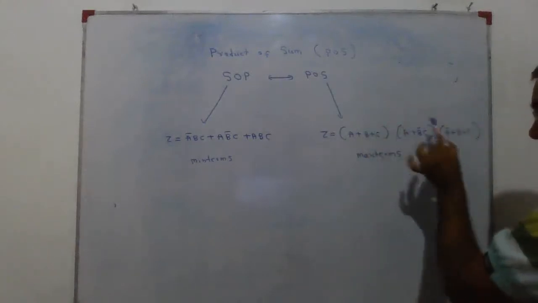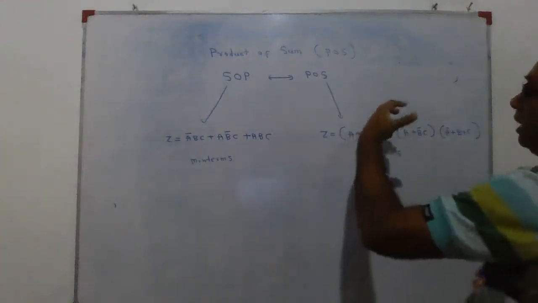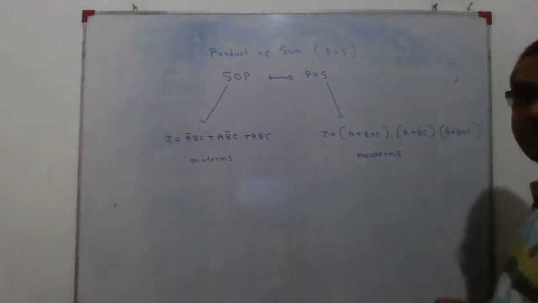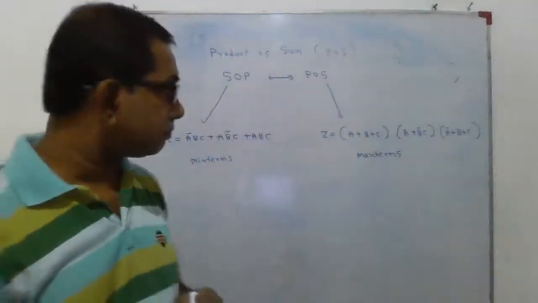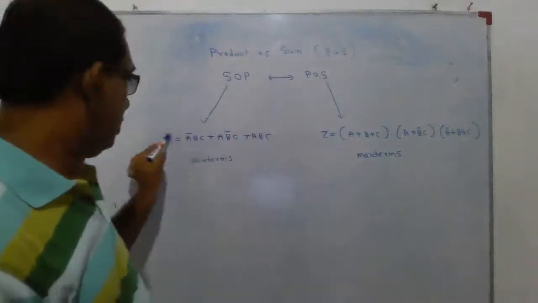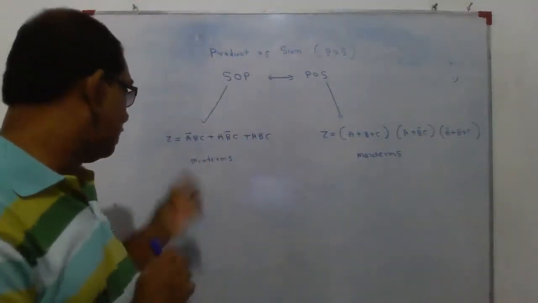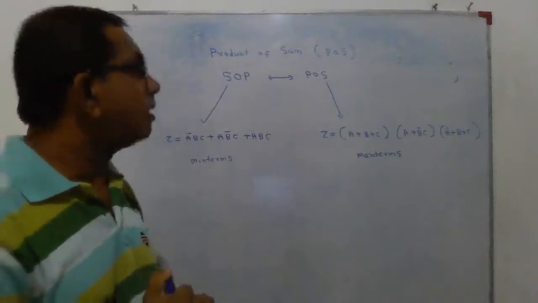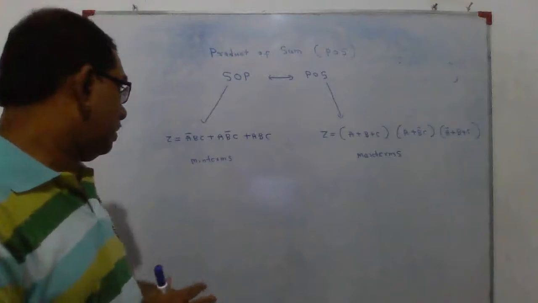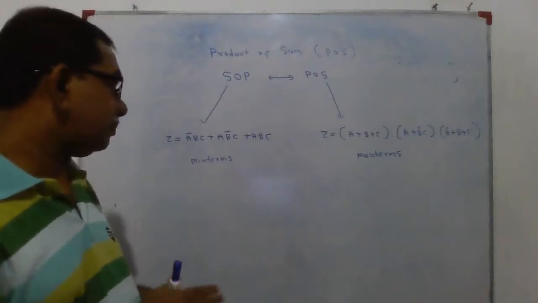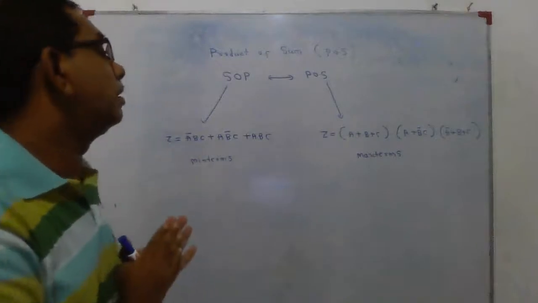So we have to get the complement of SOP statement here in order to get the outcome. So this is the most popular method of taking the output.